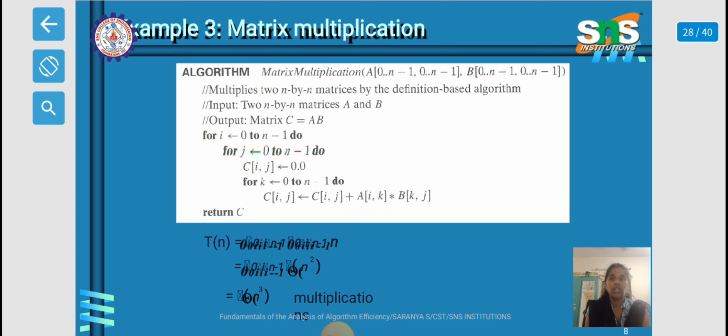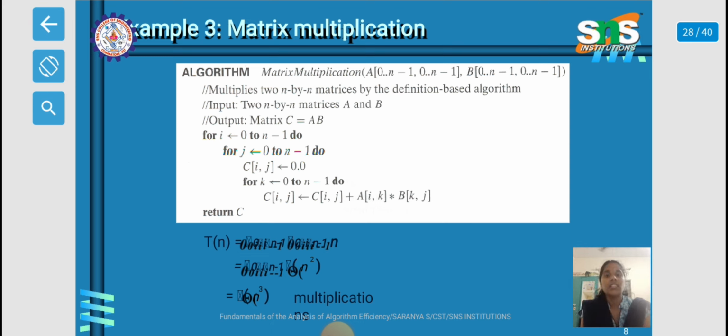It is summation n minus 1 by I equal to 0, summation j equal to 0 to n minus 1, into n, which equals n.